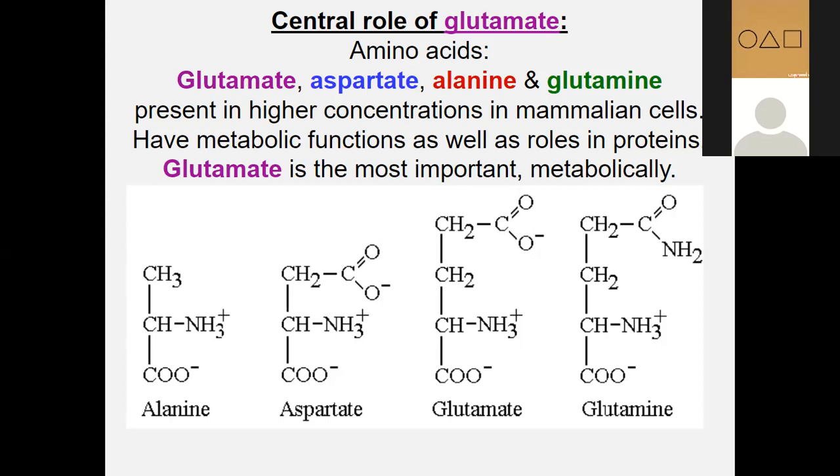Itong glutamate will be processed. Ito yung matatanggalan ng amine or through deamination. Okay? So tandaan natin yung mga structures na yan: alanine, aspartic, glutamate, and glutamine. So they have higher concentration in mammalian cells.